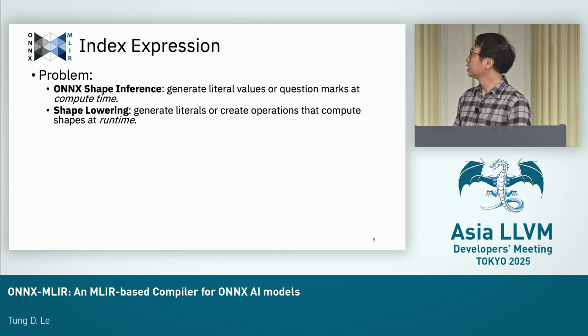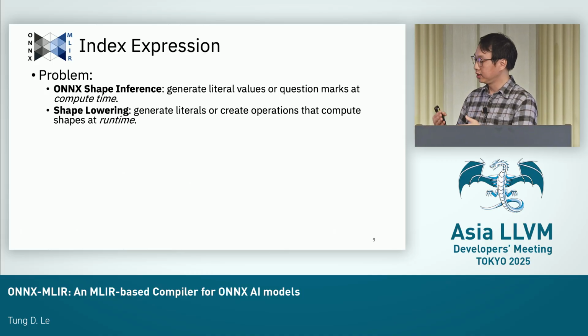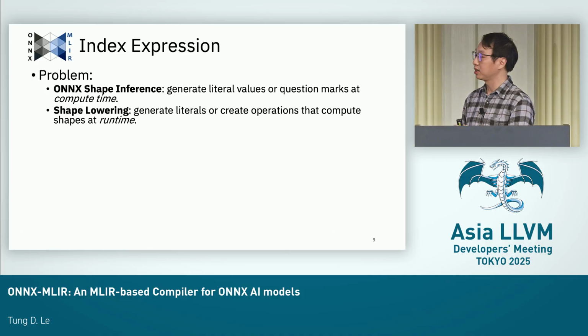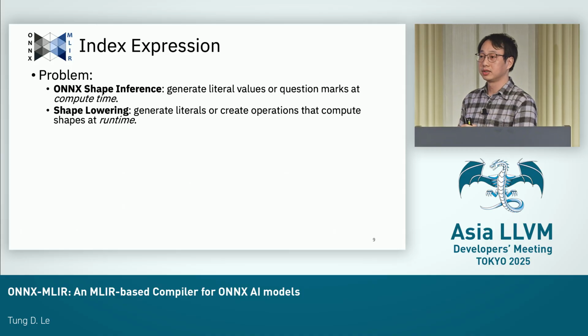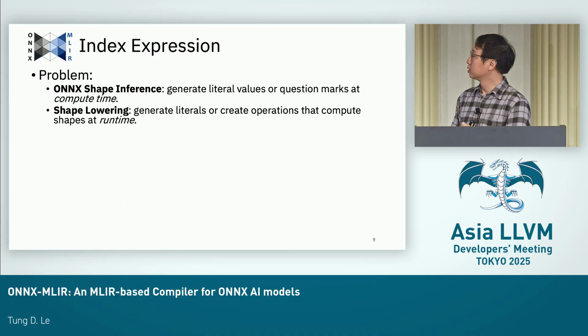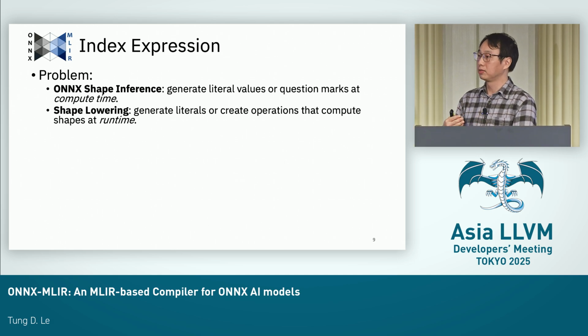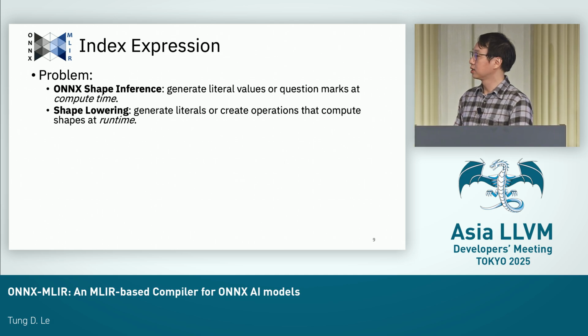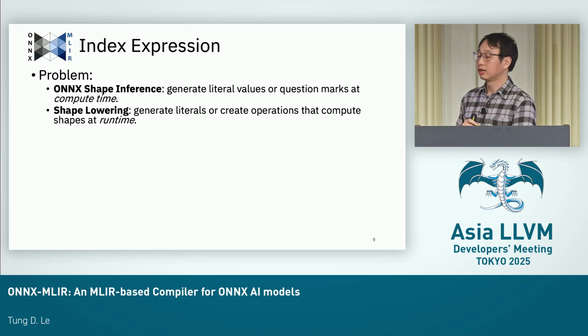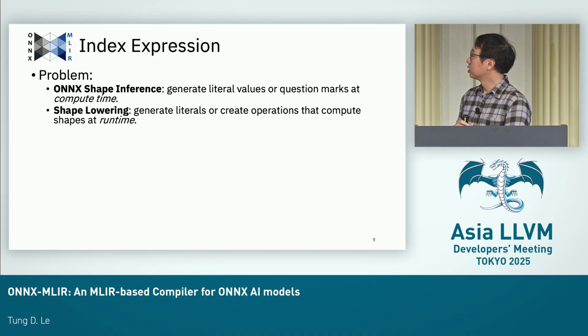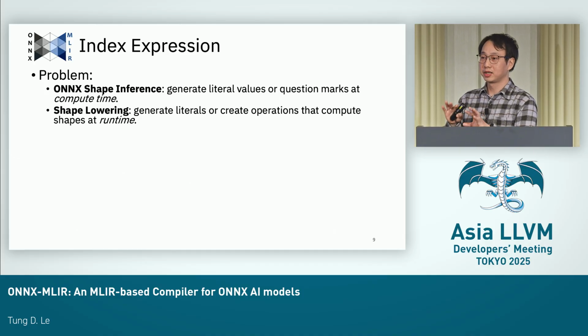For this computation, we can generate the literal value or the question mark, meaning the unknown value at compile time. But when we lower an ONNX operation to the kernel dialect, we want to allocate the buffer, so we need to compute exactly what the output shape is at runtime. So these 2 computations share the same calculation.